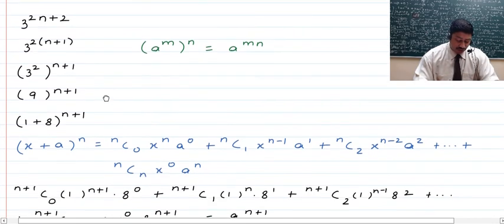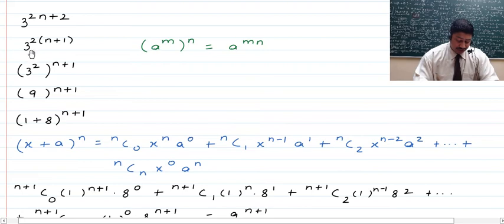Then if we talk about this 3 raised to the power 2 times n plus 1, we can write this as 3 raised to the power 2, whole raised to the power n plus 1, just like we have a raised to the power m times n, which can be written as a raised to the power m, whole raised to the power n, which is the reverse of the rule of indices that we've learned.